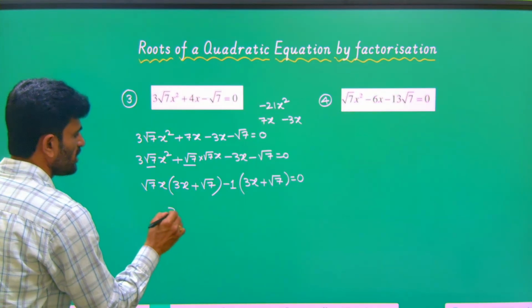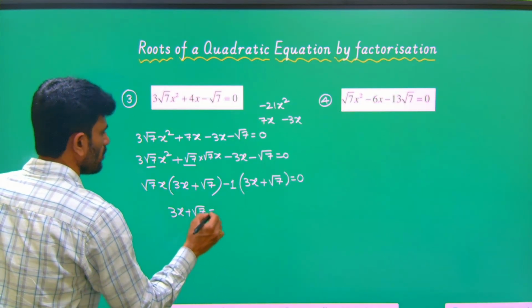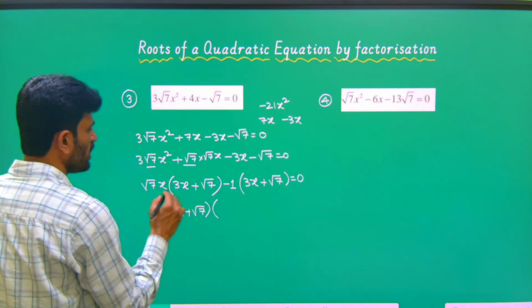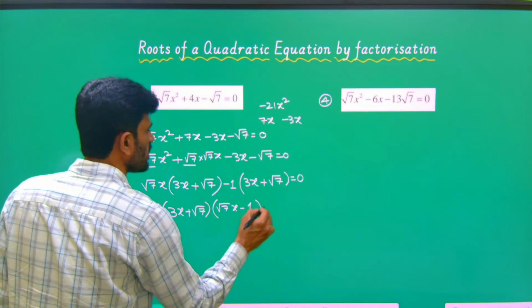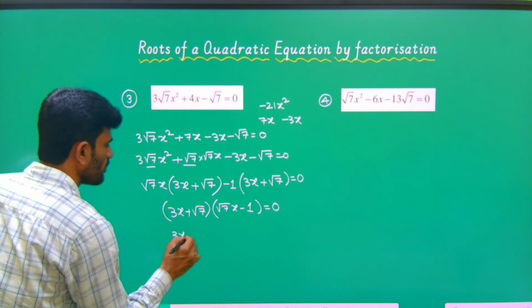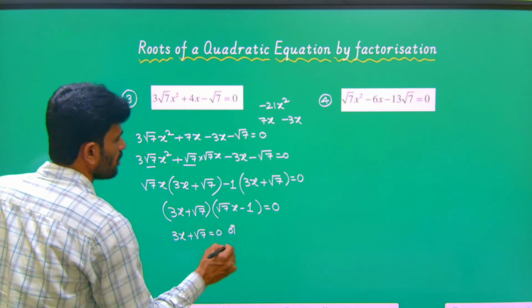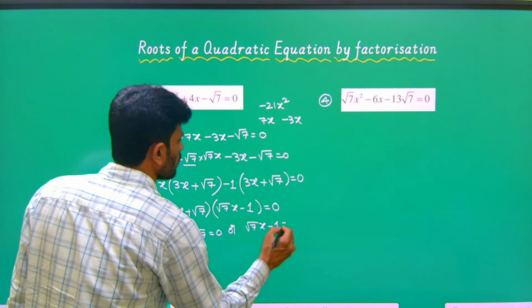Now, 3x plus root 7 is common, so we take 3x plus root 7 common. So 3x plus root 7 into root 7x minus 1 is equal to 0. Now either 3x plus root 7 is equal to 0, or root 7x minus 1 is equal to 0.